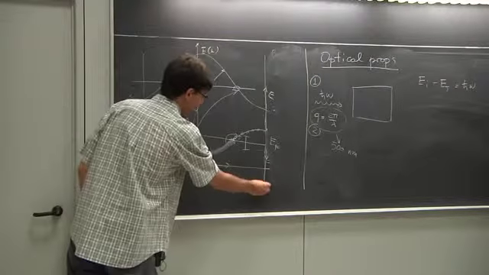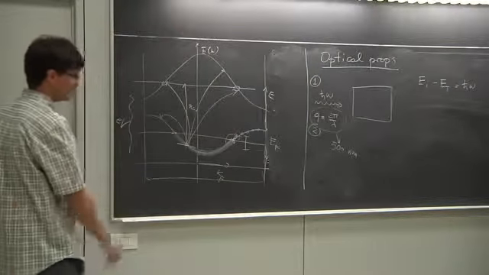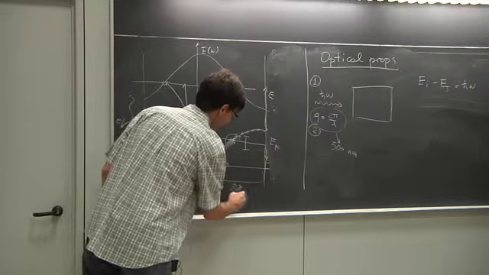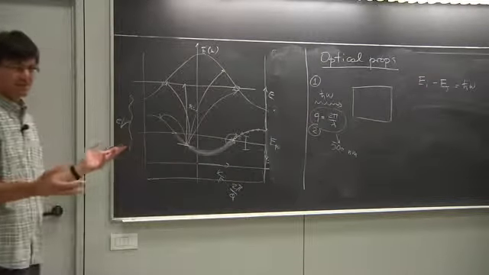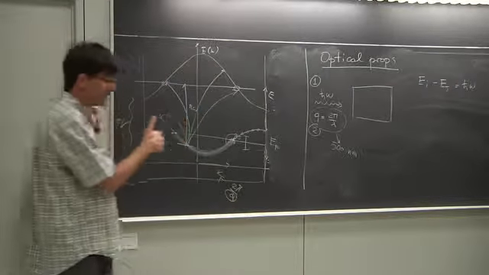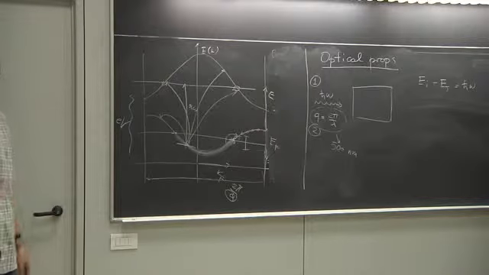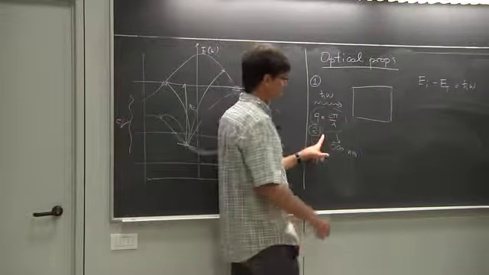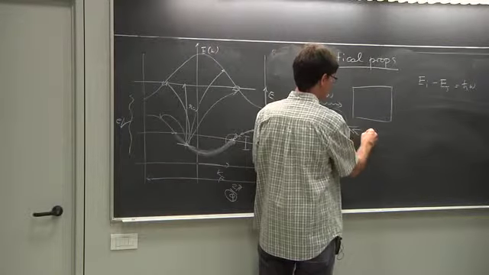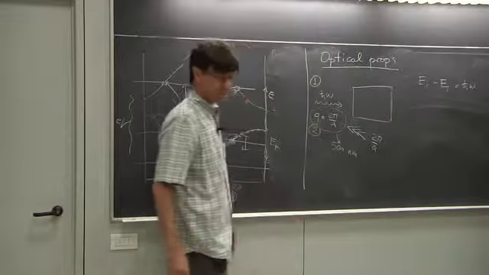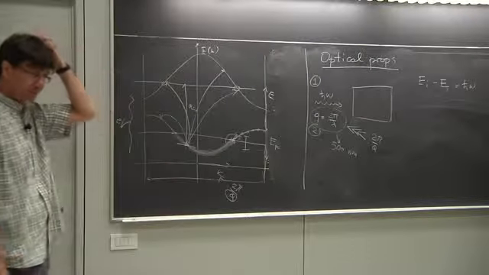What is the typical size of the Brillouin zone? The typical size of the Brillouin zone is of the order 2 pi over atomic distances. But atomic distances are 1 nanometer, even less, fractions of nanometers. So this Q here is certainly much, much smaller than 2 pi over A, which is the size of the Brillouin zone. Right?